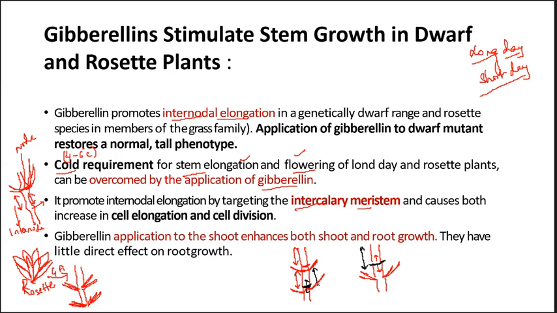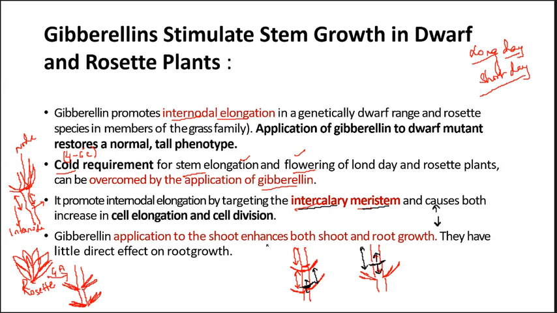It allows growth from above the intercalary meristem and below the intercalary meristem. So the target of gibberellin are the intercalary meristems. In response to gibberellin they show growth above also and below also.